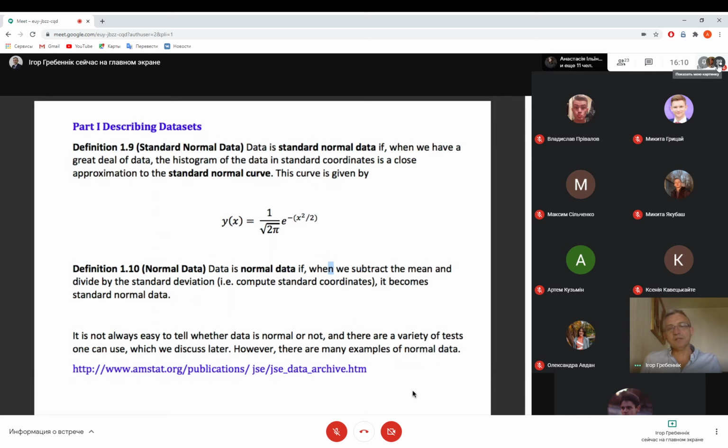The textbook, which is the base of our learning course, and many other sources have links to different data sets, and a very large number of data sets have characteristics like standard normal data or normal data, and these examples may be learned and analyzed by you.